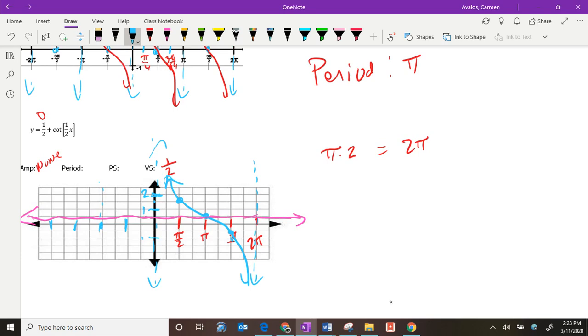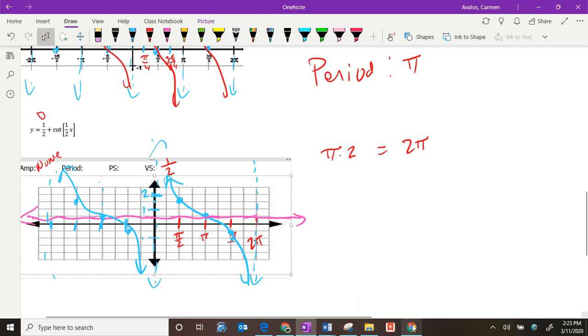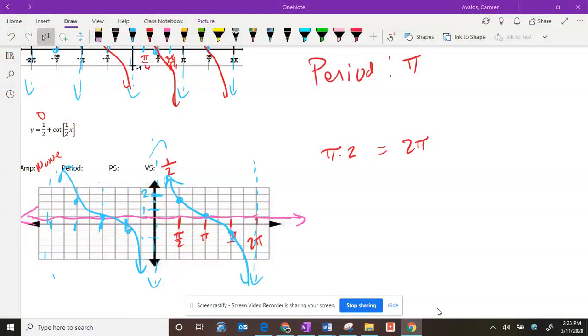Sorry, that's in the wrong place. So that's going to be a 2 pi. We're going to do this and 1.5 right there and right there. So it's going to look like that. And so that's that twice, 2 periods, and that's the cotangent shifted up. Very good.